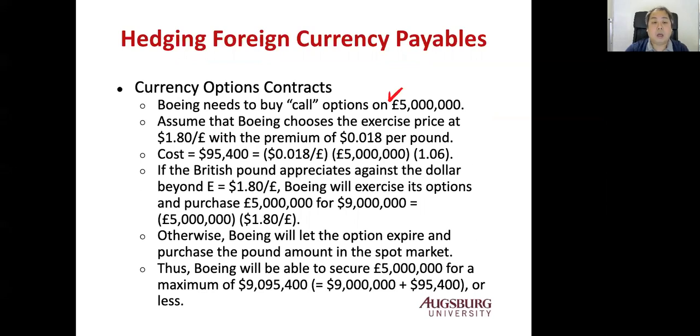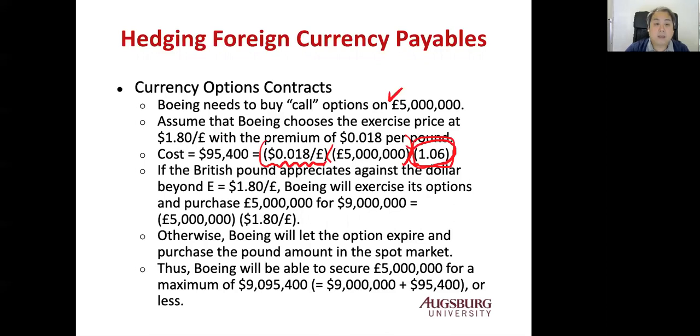The cost of this option is the premium times the pounds you need, and then times 1 plus 6%, because this is the current cost, but the cost will increase by 6% because of the time value of money.